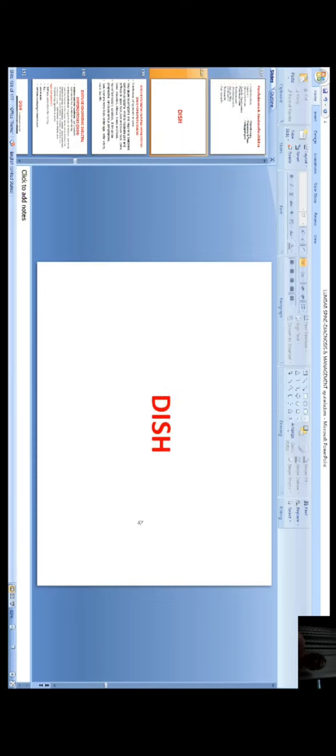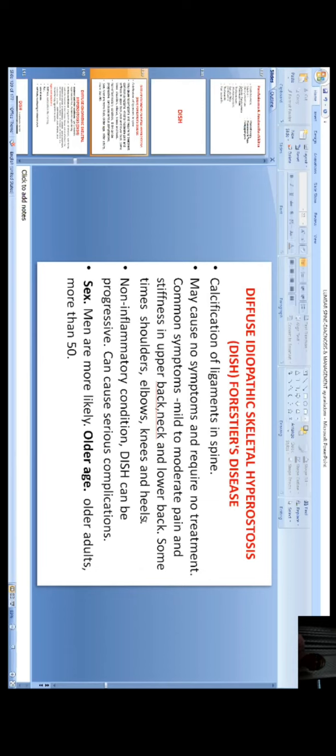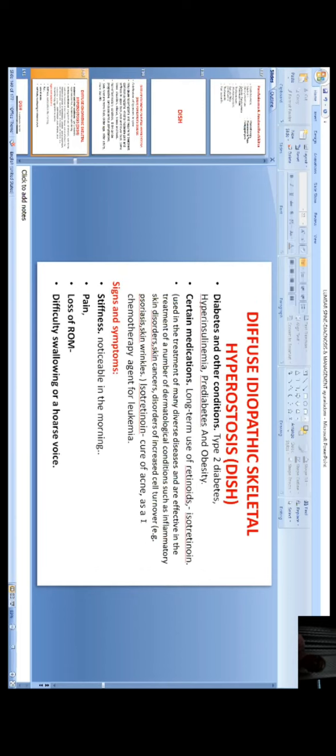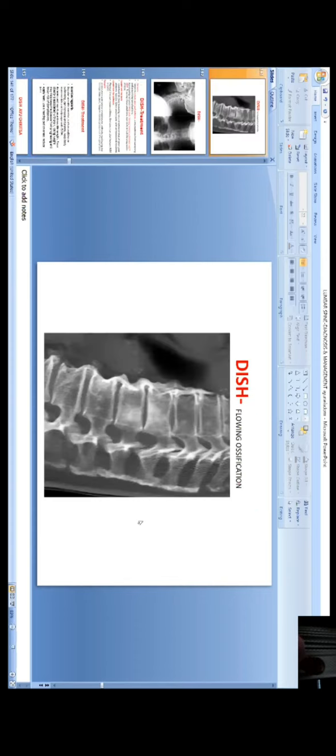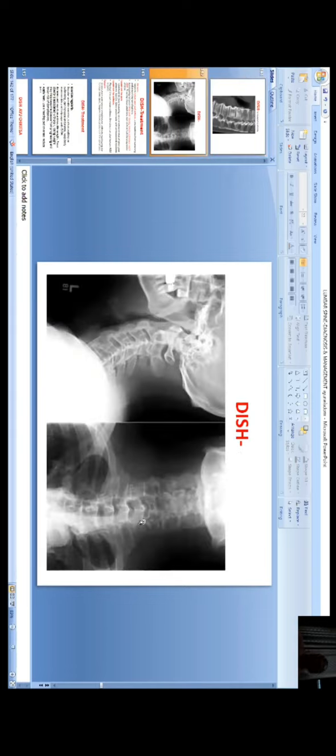This is DISH, another condition that mimics it. The thing is that the sacroiliac joint is intact and not affected by ankylosis. With DISH, there is calcification of ligaments. This is also DISH, having some similarity with syndesmophytes, that is ossification or calcification of soft tissue.